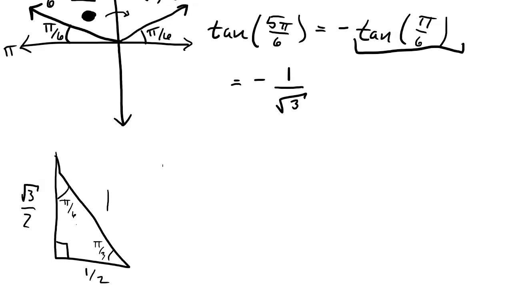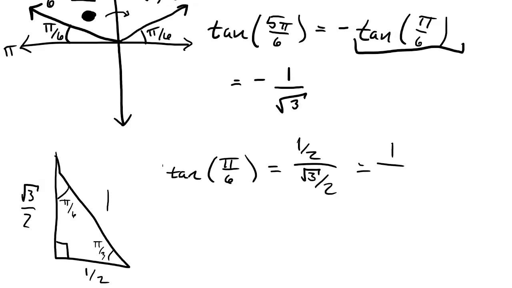So tangent of pi over 6 is the opposite, which is 1/2, over the adjacent, which is square root 3 over 2, which is equal to 1 over square root 3. But since we're looking for tangent of 5 pi over 6, it's going to be equal to the negative of this. So it's negative 1 over square root 3.